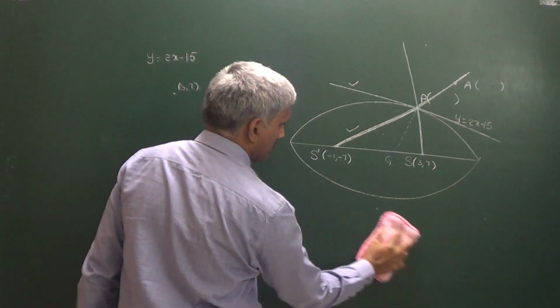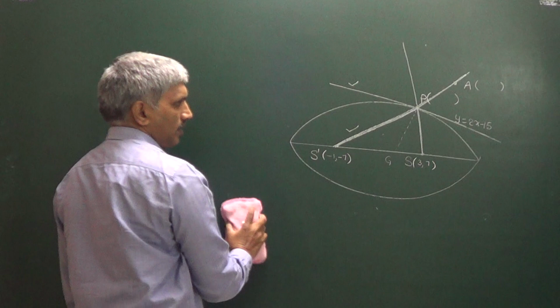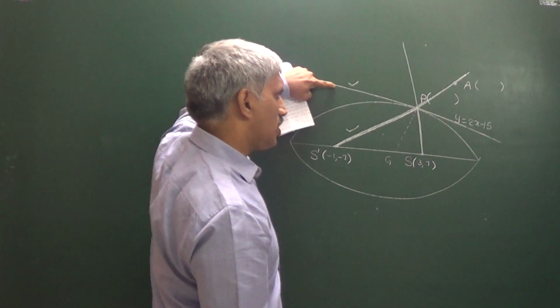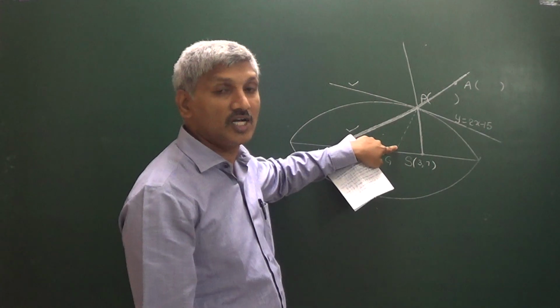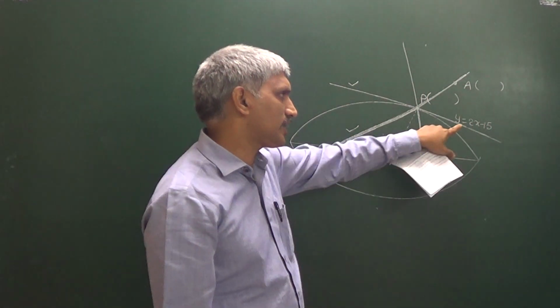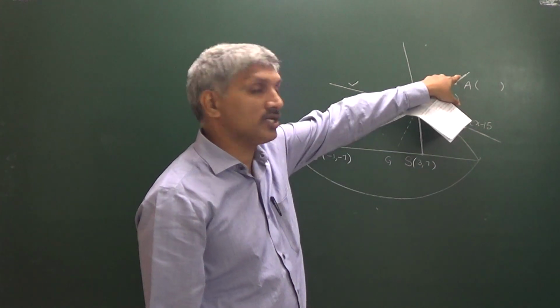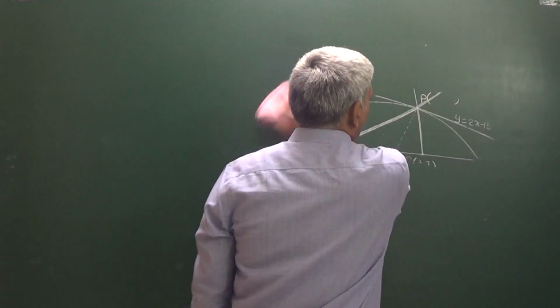What we used here is that for SPS dash, the external angle bisector is the tangent and the internal angle bisector is the normal. That is the reason the focus reflection with respect to this line lies on this one. So we got the coordinates of A and then the coordinates of P.